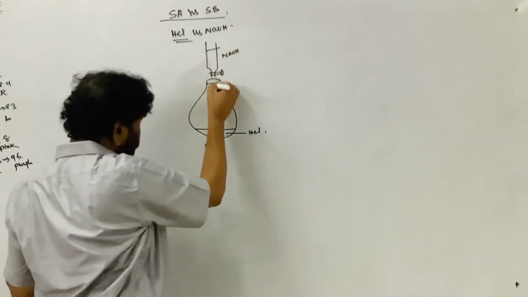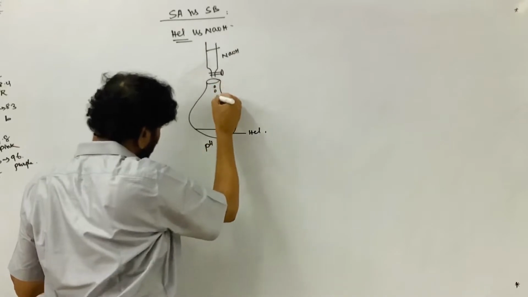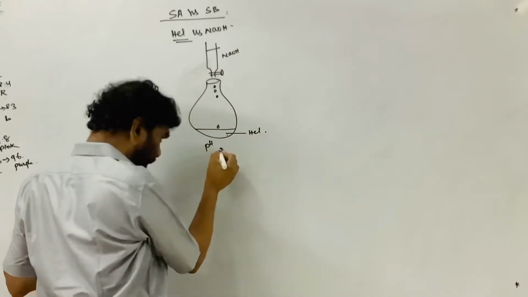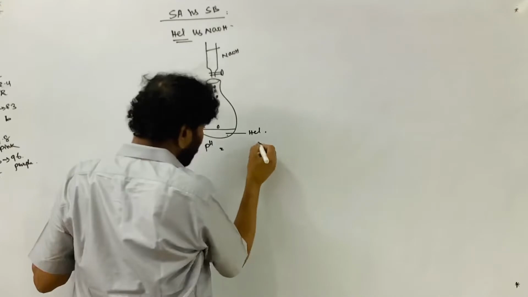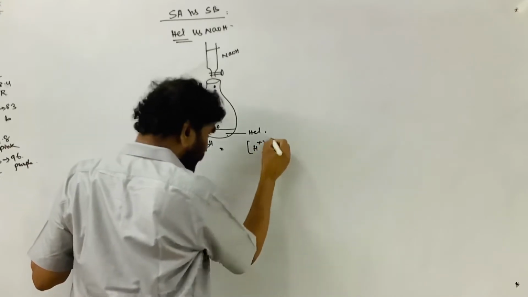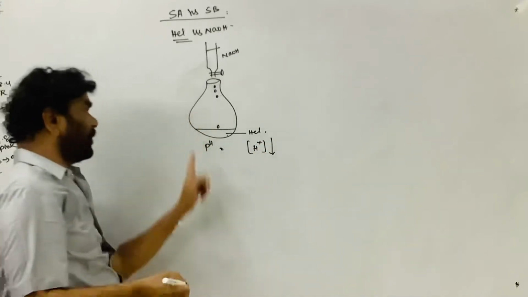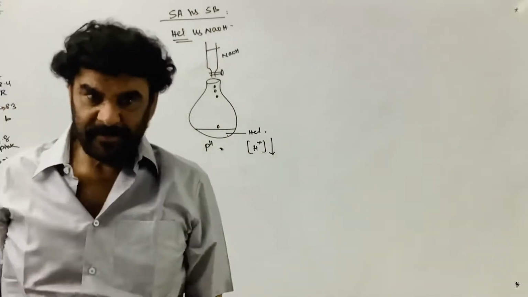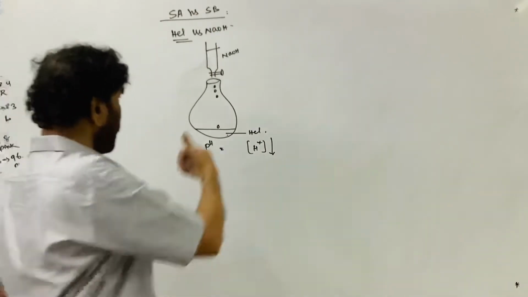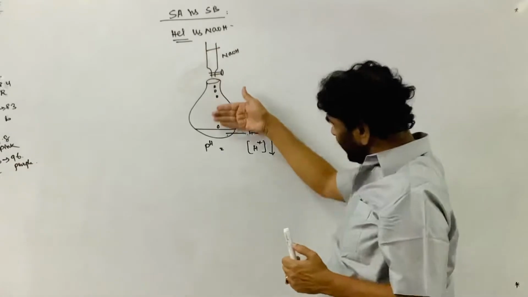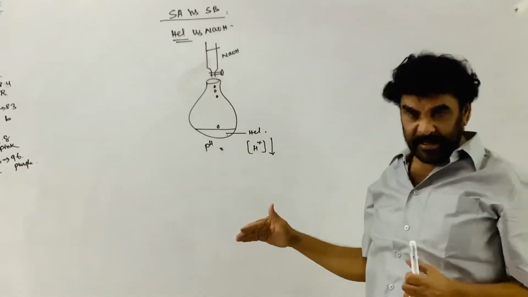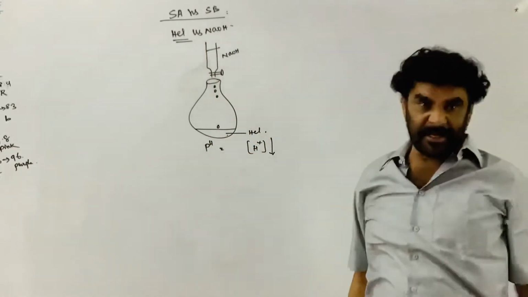Now we are adding the sodium hydroxide to this. When it is added, the H plus ion concentration in the solution decreases, therefore pH increases. Gradually, on addition of sodium hydroxide, the H plus ion concentration decreases and the pH of the solution increases.